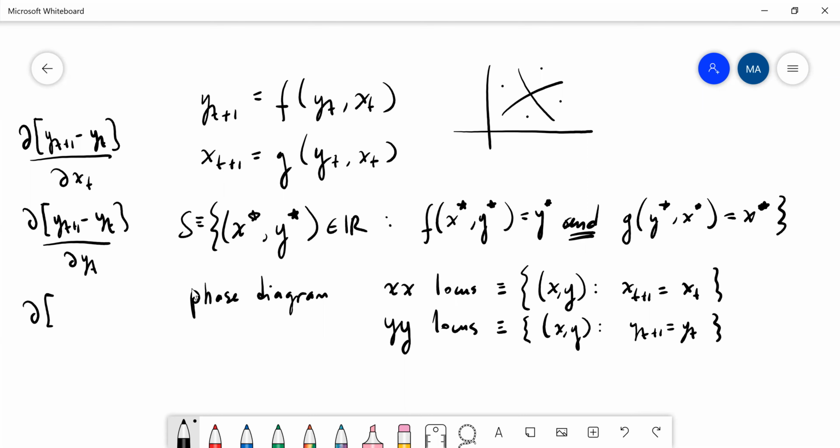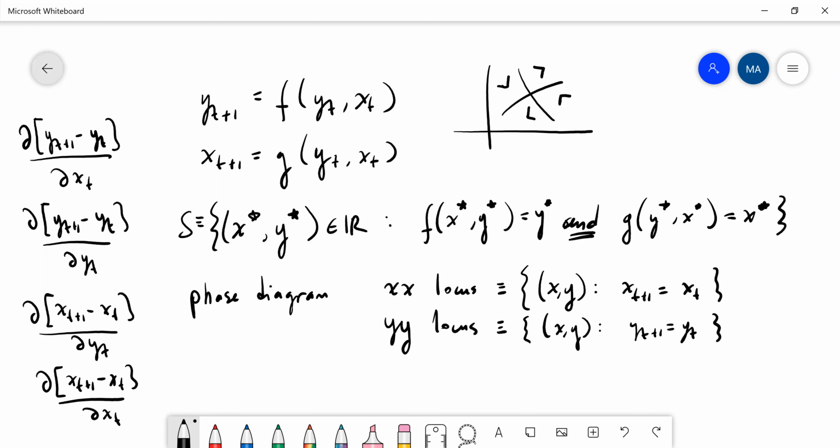Similarly for X, you're going to look at how this difference changes with Y(t), or how this difference will change with X(t). All right. Then you understand, for instance, the dynamics. Okay. So this is, of course, the global analysis.